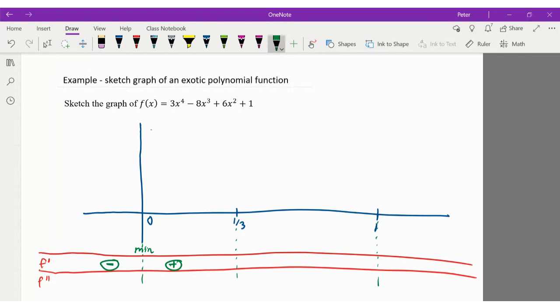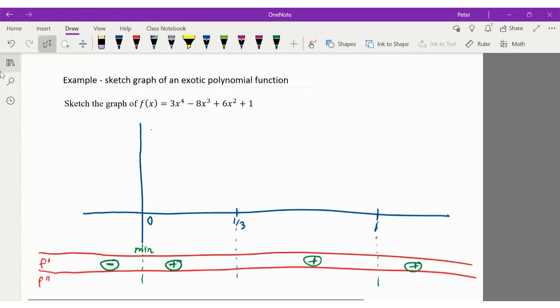What we then found was, when we performed the first derivative test on the critical number 1, we discovered that it was increasing on both sides, positive first derivative on both sides of that number. So I'm going to put in positive here. The transition points for concavity were at 1/3 and 1.